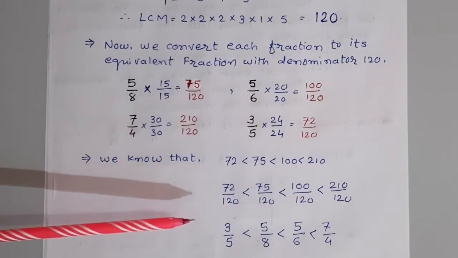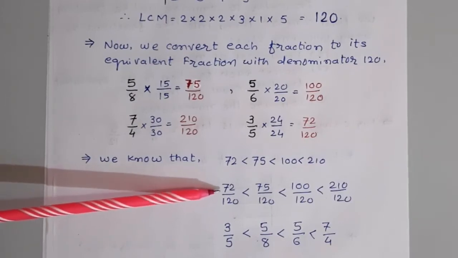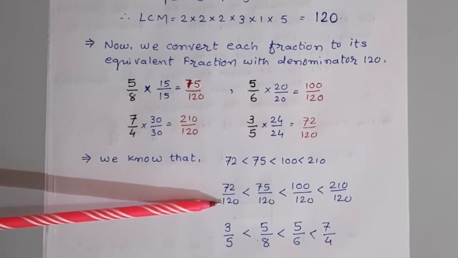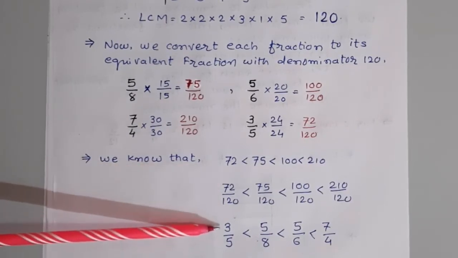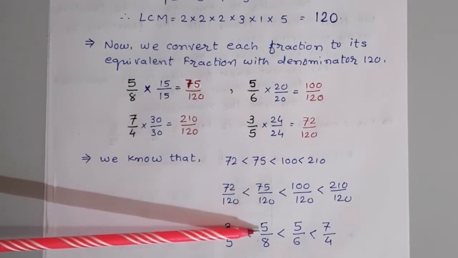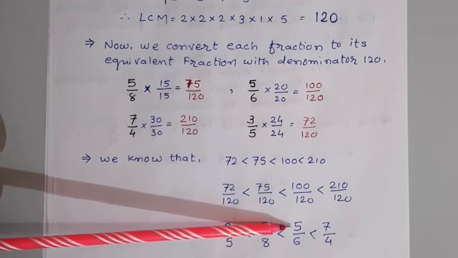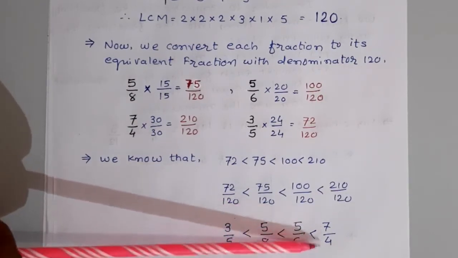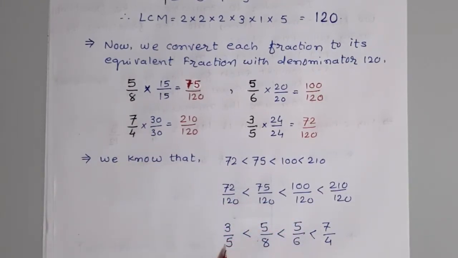And finally, 72 upon 120 in its lowest term is 3 upon 5. Same way 75 upon 120 is equal to 5 upon 8, then 5 upon 6 and 7 upon 4, so the ascending order will be 3 upon 5, 5 upon 8, 5 upon 6 and 7 upon 4, and put the less than sign between the fractions.